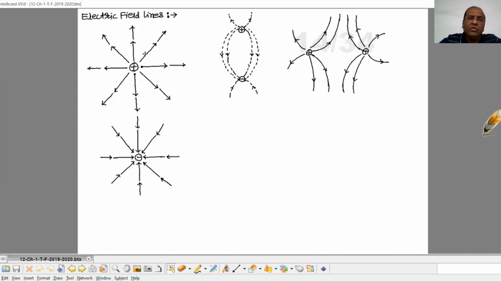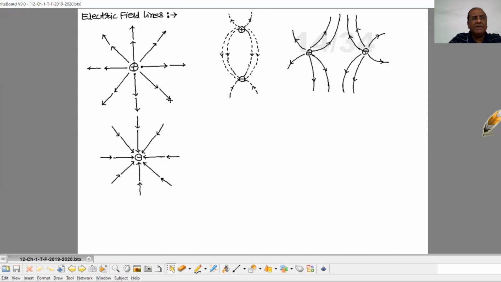So as we move away from the source charge, the field intensity, meaning the magnitude of the electric field, decreases. So here these vectors are represented with small length, because the magnitude of the quantity is proportional to the length of the vector, and in that manner we prepare the vectors.